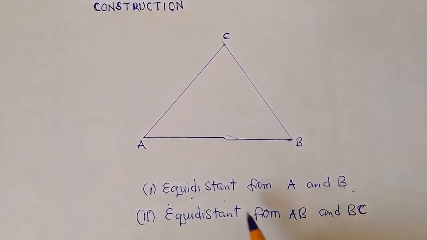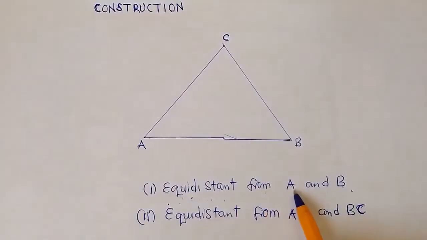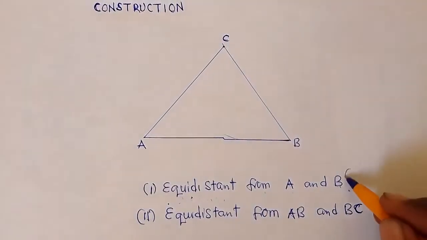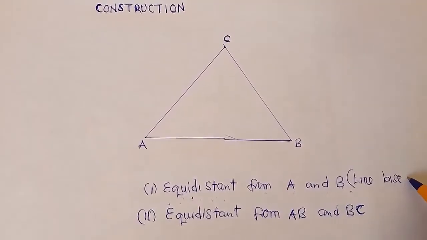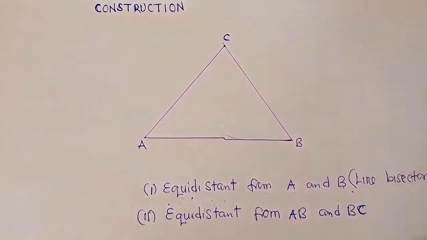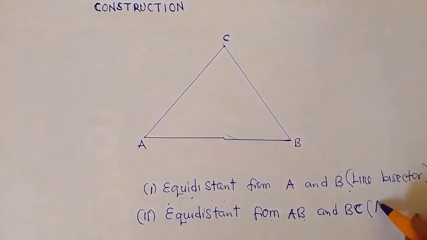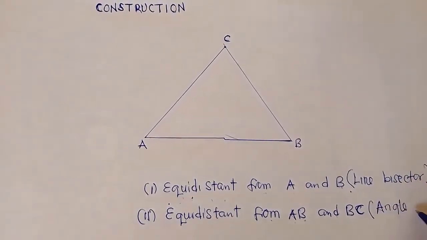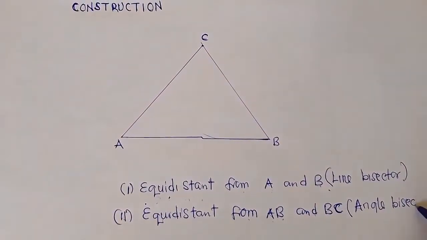A question saying, draw the locus of points which are equidistant from A and B, is called a line bisector. Then this other one, equidistant from AB and BC, is called an angle bisector. Don't forget these two things.